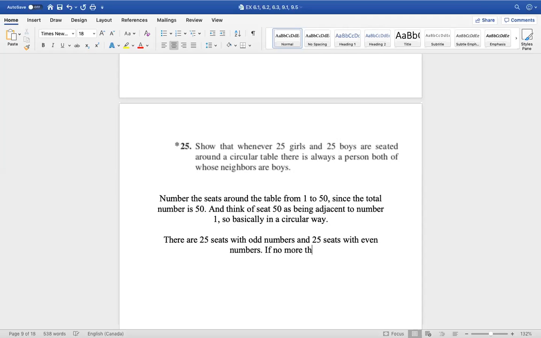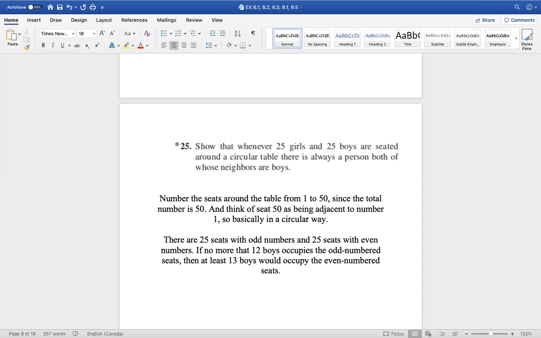So if no more than 12 boys occupied the odd numbered seats, then at least 13 boys would occupy the even number seats, right?